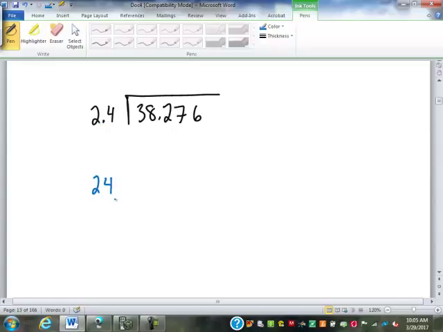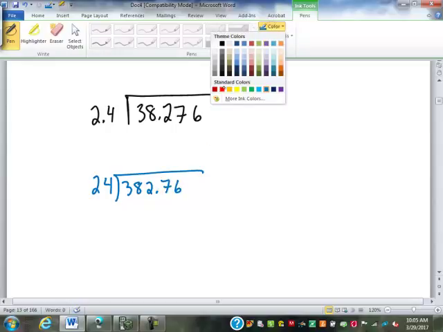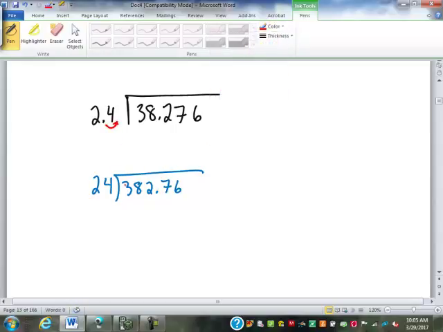Change this to 24 going into 382.76. You were taught to take that decimal point, move it over to the end of the number. It had to move one spot here, so it has to move one spot there. So that becomes 382.76 divided by 24.